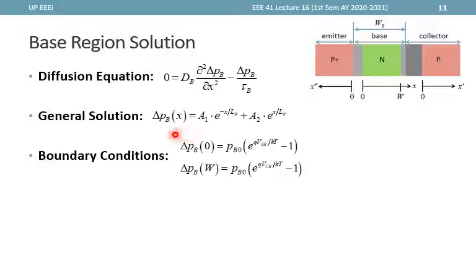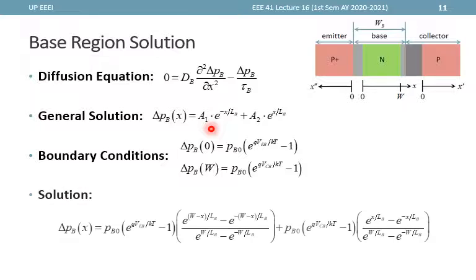So the boundary conditions now both depend on the junction voltage at the two sides, and therefore we cannot say that A2 is 0 nor A1 is 0. So we'll just skip the actual derivation, but show that this is the resulting expression for delta PB.